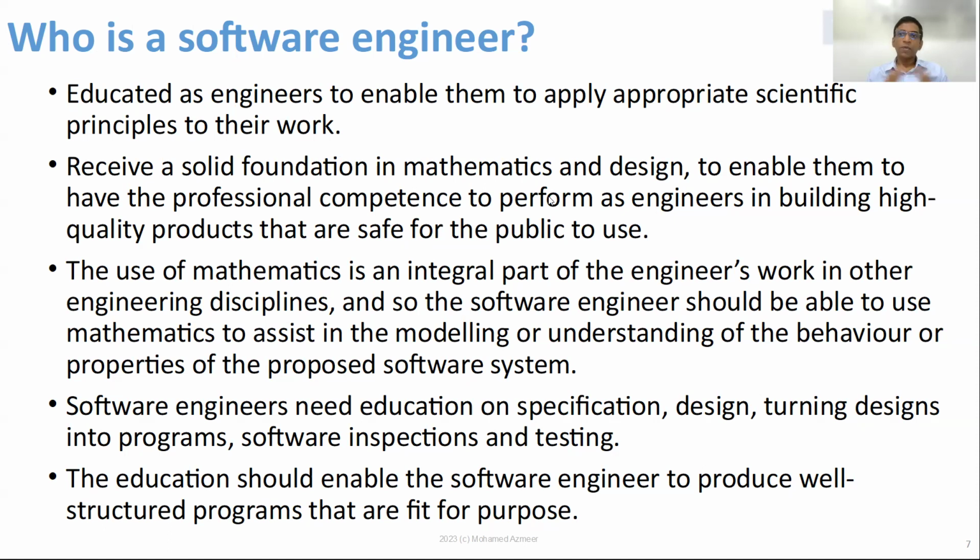So the whole point of a software engineer is to convert a requirement into a working piece of software which is, we say, fit for purpose, right? So the objective of the software engineer is to come out with software that is fit for purpose. So what is fit? What is purpose? Well, that comes from the client.